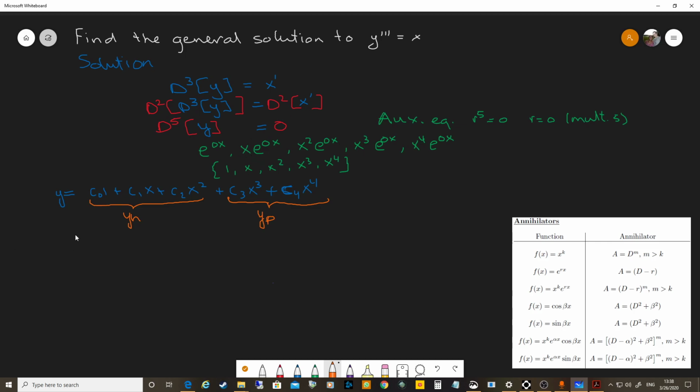So what we need to do is look at yp and its derivatives.